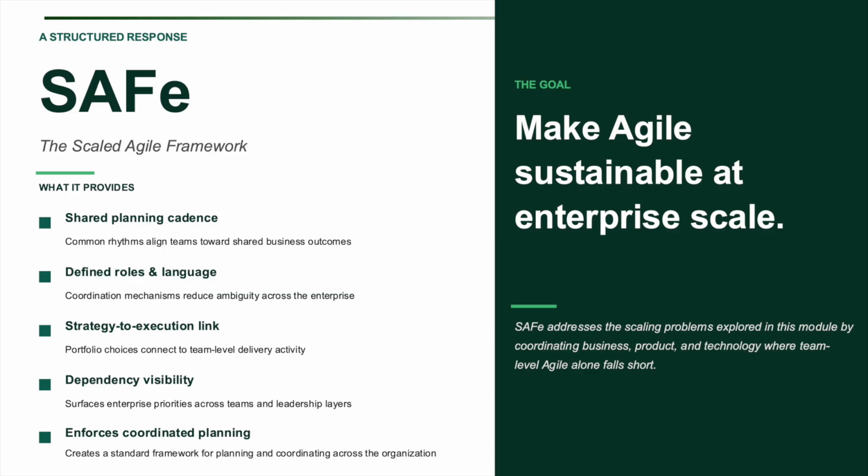Without a structured coordination model, each of those programs may move locally, but fail to create enterprise value coherently. With a stronger scaling model, those efforts can be planned, sequenced, and aligned in a more integrated way. This does not mean SAFe is the only option. It does mean the underlying problem is real. Once coordination becomes the dominant challenge, the organization needs a systemic response.